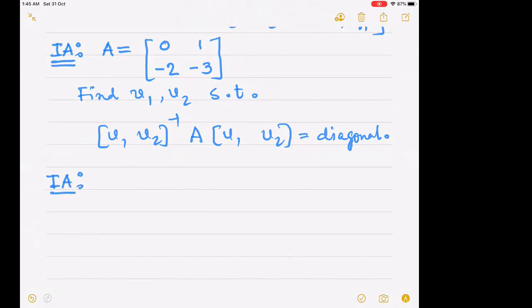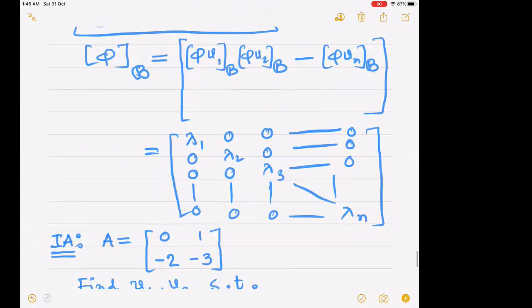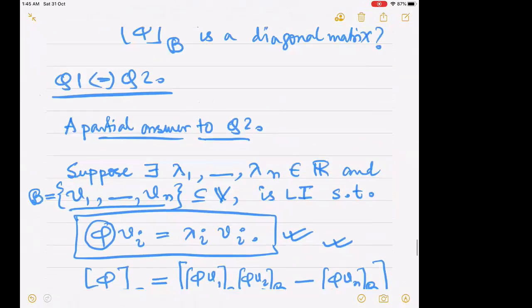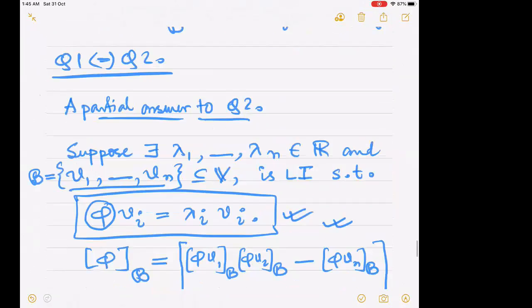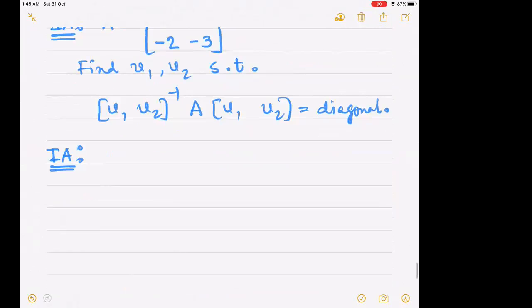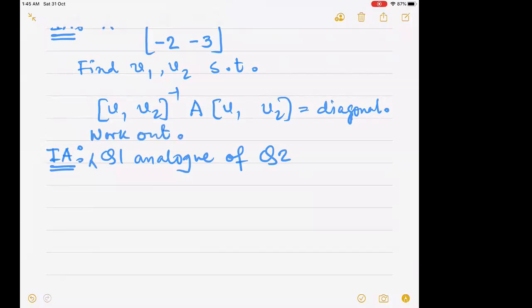Immediate attention problem 2 is the process that I have described here. This I did for question 2. Using the same idea, work out the Q1 analog of Q2.